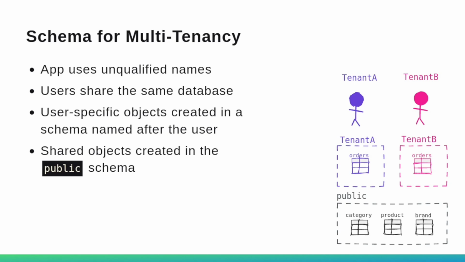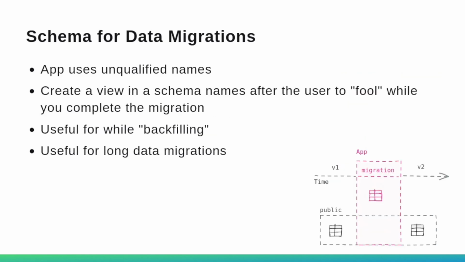Another nice feature of this setup is that you can have shared tables like information about brands, categories, products in the public schema, and all the tenants can share this information. So you only have to maintain it in one place. Okay? So this is how you implement multi-tenancy with the search path and schemas in Postgres.